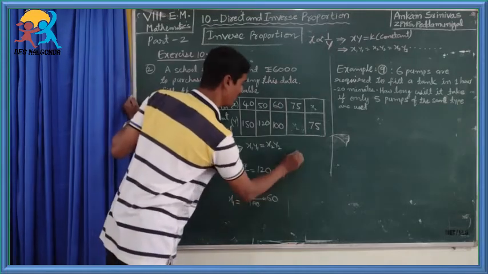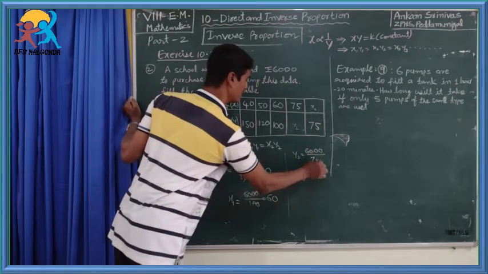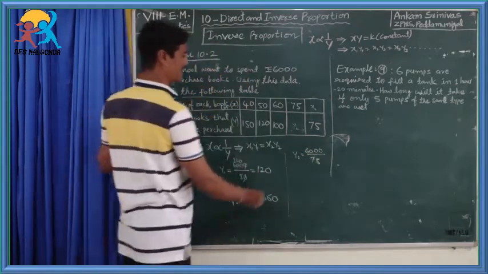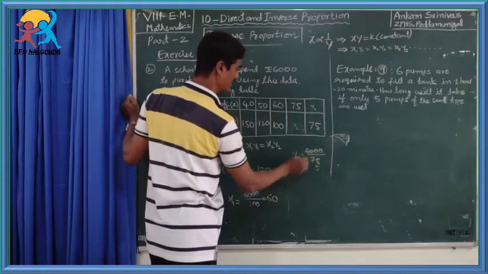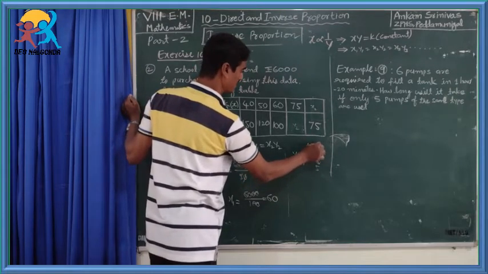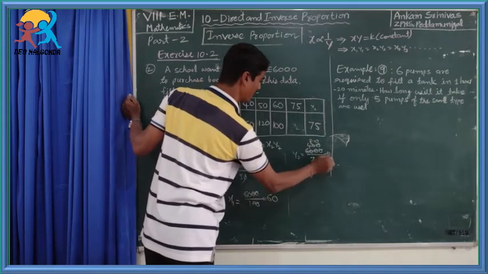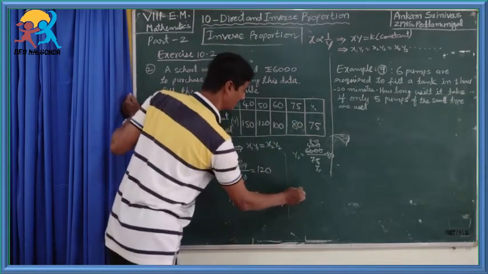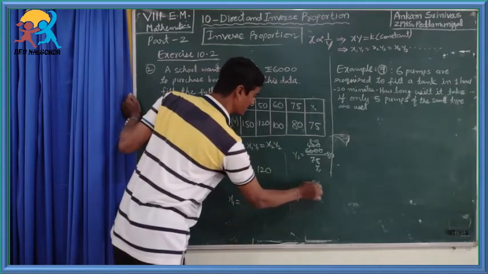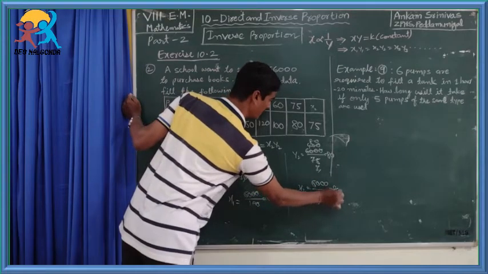Now y2 equals 6,000 by 75, and 15 5s are 75, 15 4s are 60... we get 80. How much do we get here? 80. And x2 is also the same, 6,000 by 75, we get 80.